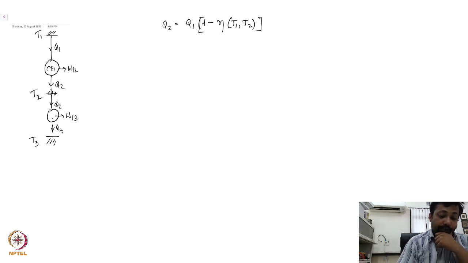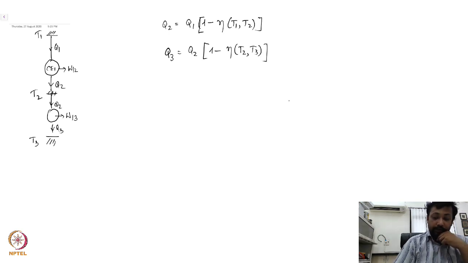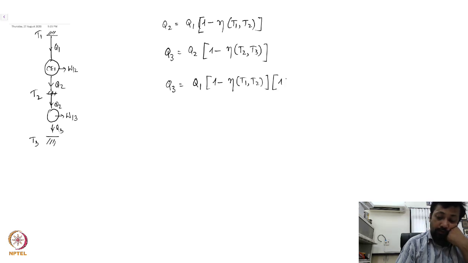Similarly, for the engine which operates between T2 and T3, it follows that Q3 must be equal to Q2 times 1 minus eta T2 comma T3. So therefore Q3 is equal to Q1, if I substitute for Q2 from the above equation, times 1 minus eta T1 comma T2, times 1 minus eta T2 comma T3.